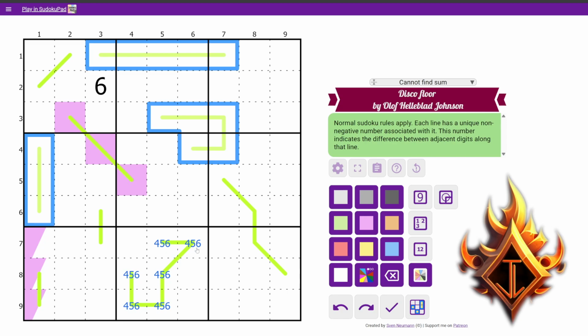This one can't be a difference of 2. This one has to be the 0.